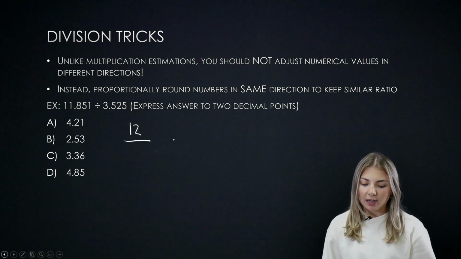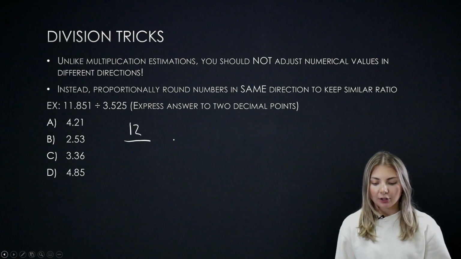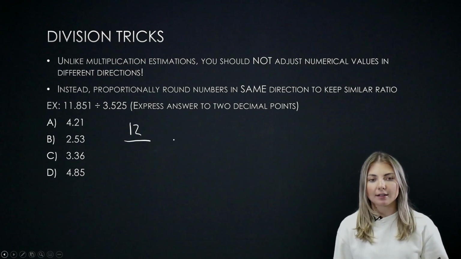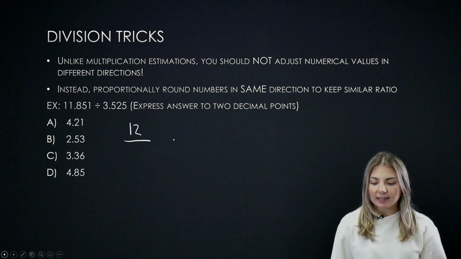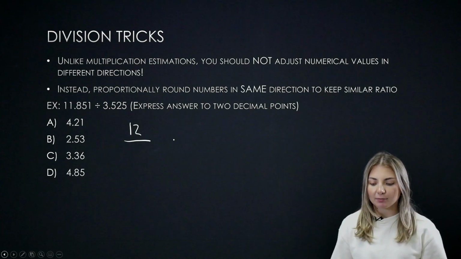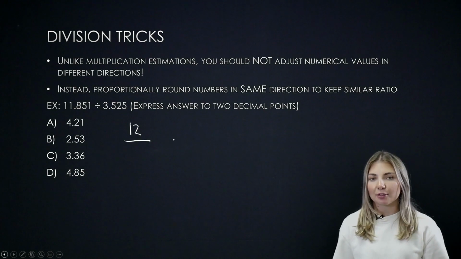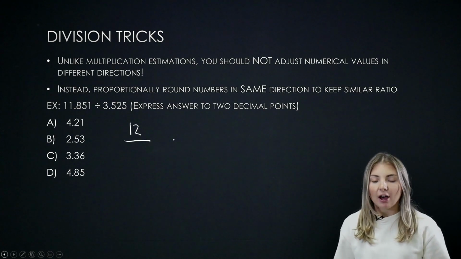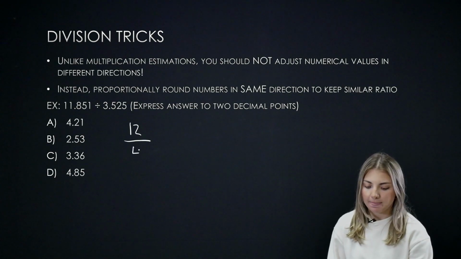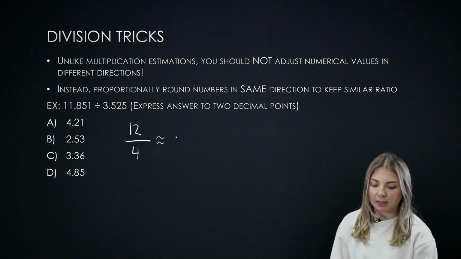And then 3.525, you might be torn between rounding this up or down, but in this case, because we rounded the 11.851 up to 12, you also need to round the 3.525 up to 4. So then you get a rough estimate of 3.